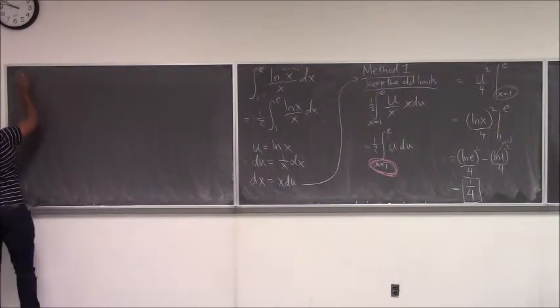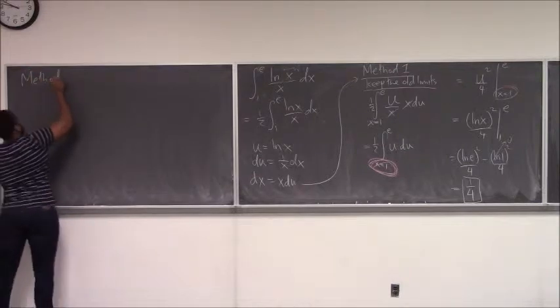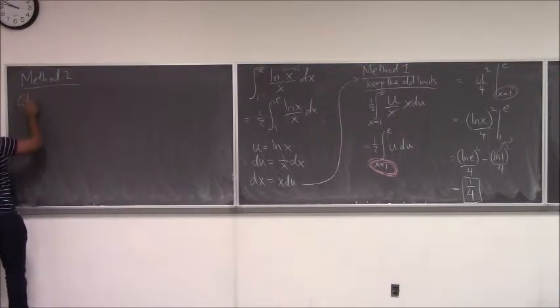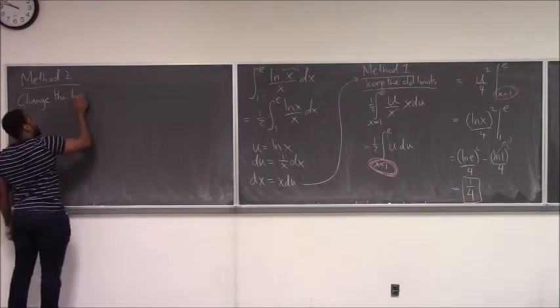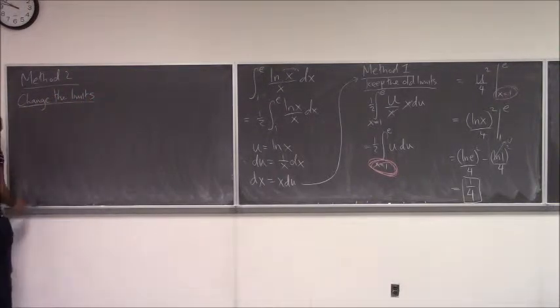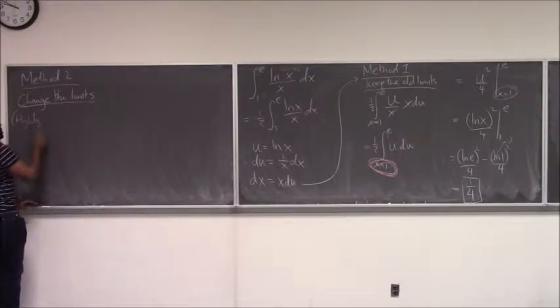So here's method 2. You can actually change the limits themselves. And this is highly recommended for something like a trig sub or anything more complicated than a typical u substitution.